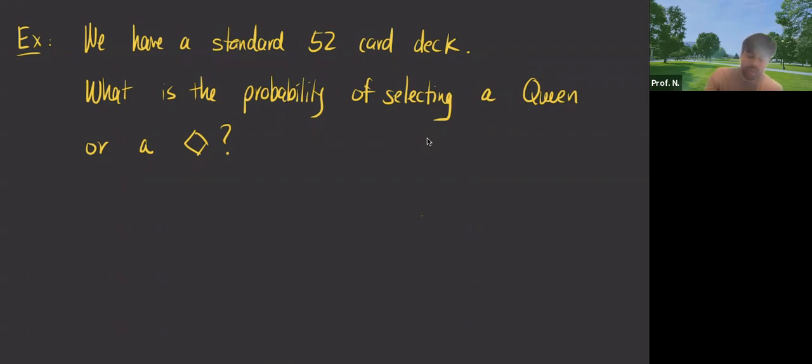And then you see it's "or" and you have the urge to add the probabilities, which is fine. But before we add, we have to consider what these sets are.